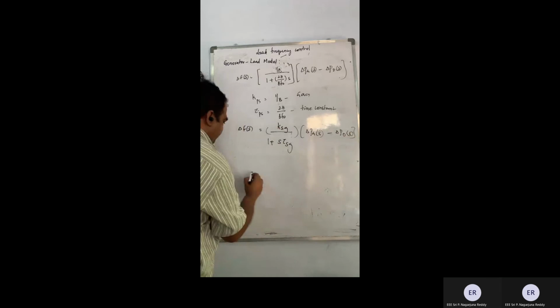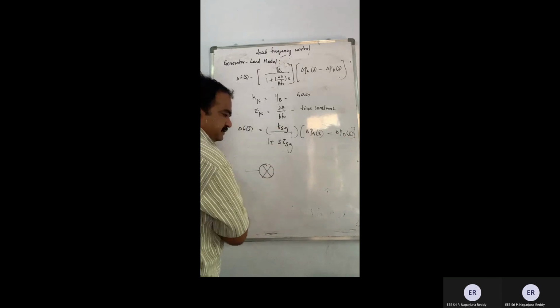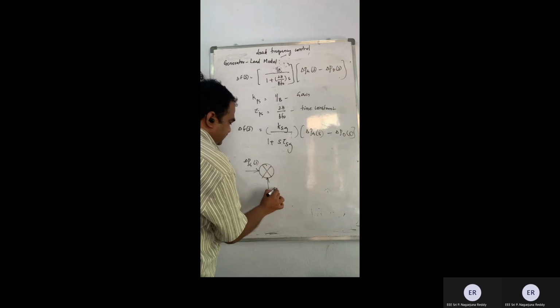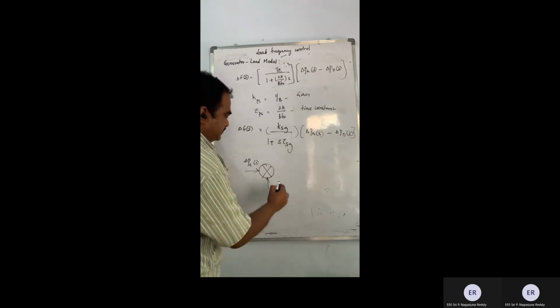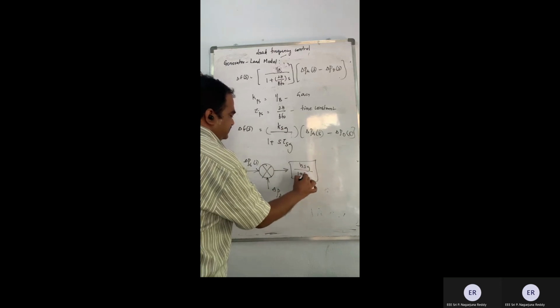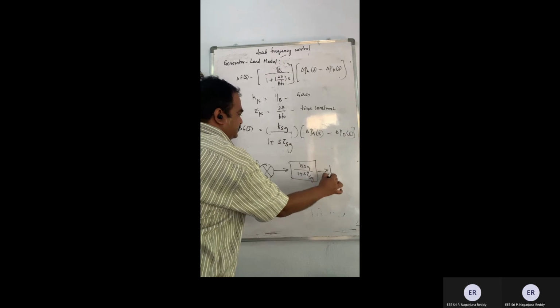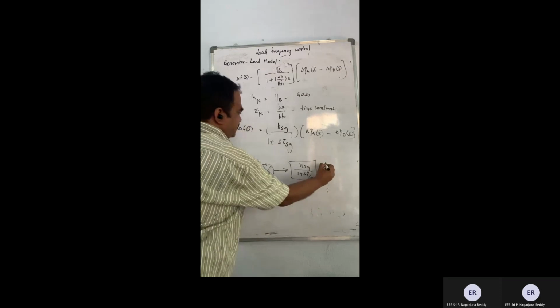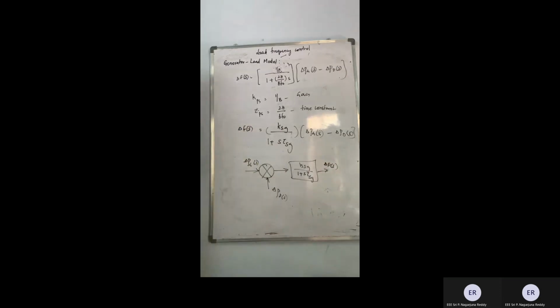This is the model. Now, if you carefully see, I have two inputs. One is delta PG of S, which is coming from the turbine. The other is delta PD of S, isn't it? Then Kg by 1 plus S into tau sg is going to give my delta F of S. Now, we will have a mathematical model for this one.